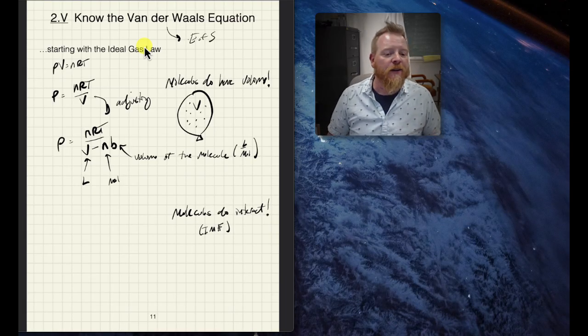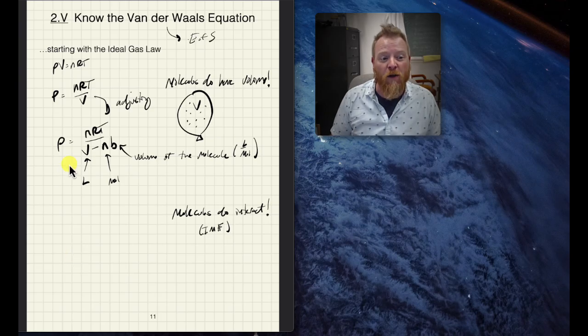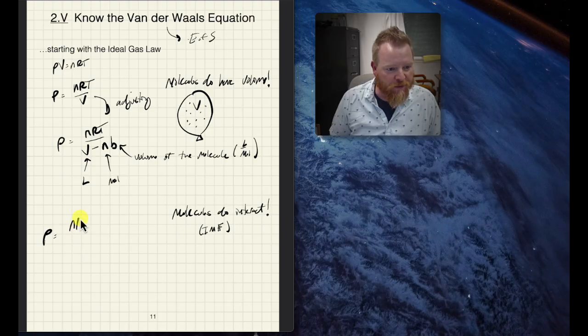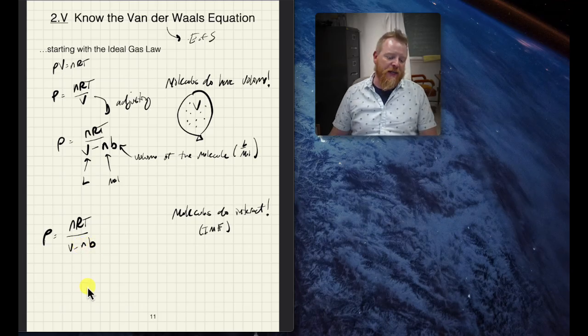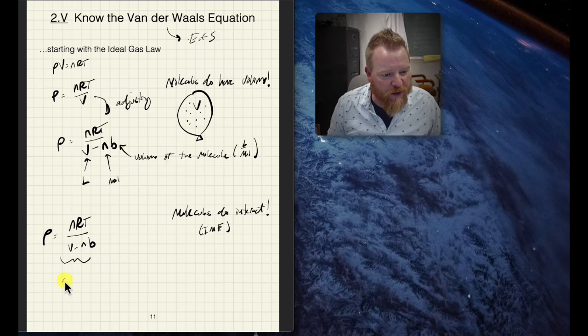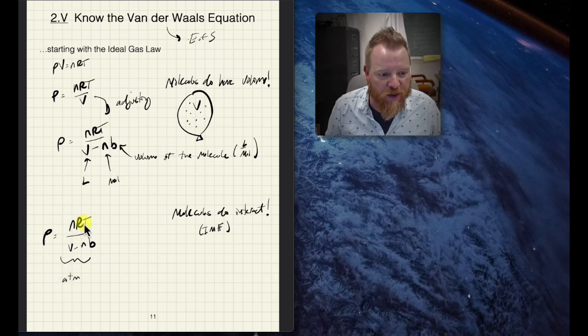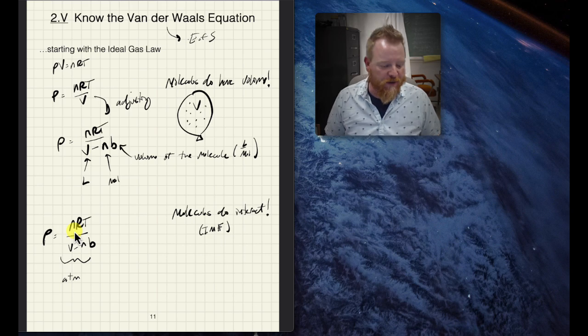So that's another thing that we need to subtract from our overall observed pressure. So I'm going to write our new slightly modified version of the ideal gas equation, nRT over V minus nb. And now recall, this whole thing is going to have units of atm, assuming we use the ideal gas constant with units of atm.